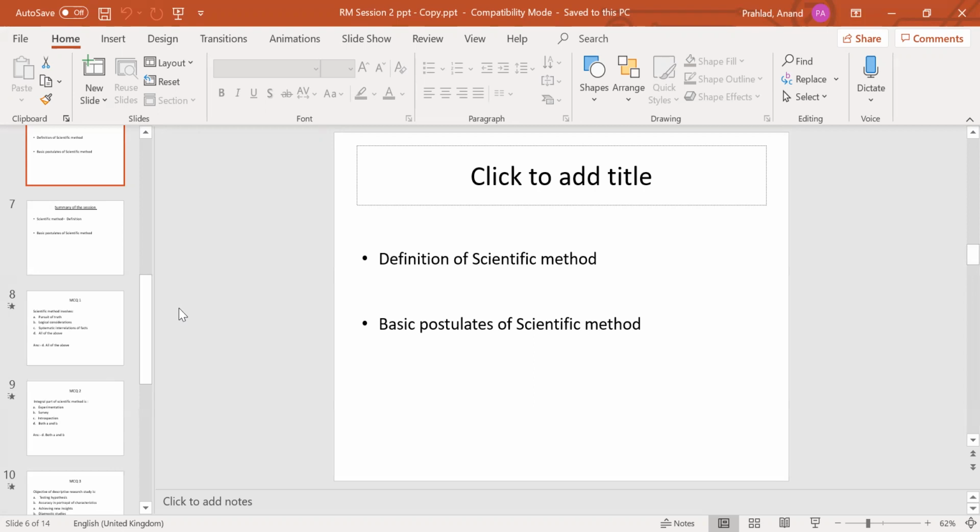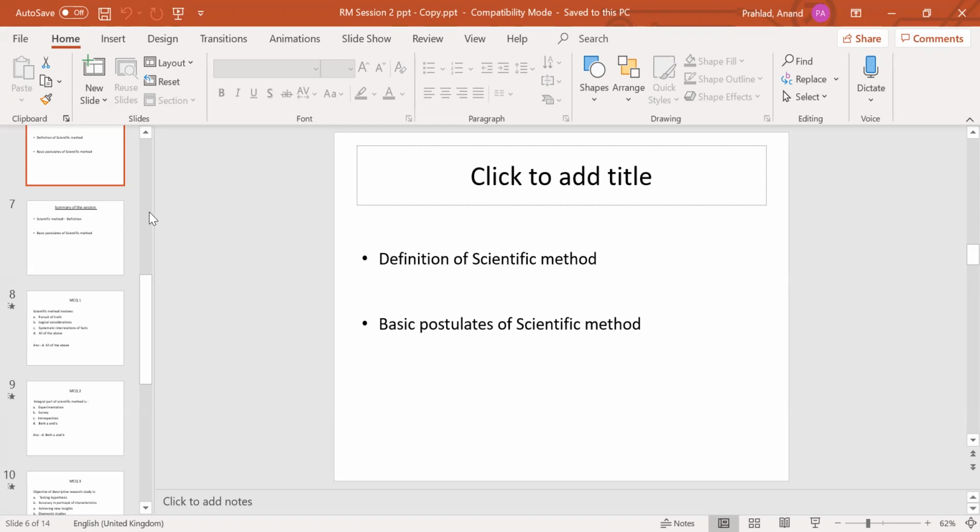It is not just hearsay, it is empirical evidence. Scientific method utilizes relevant concepts, so it makes use of all those concepts which are relevant. And it strives to maintain objectivity. That is, any scientific method must be free from any kind of bias or subjective opinions.